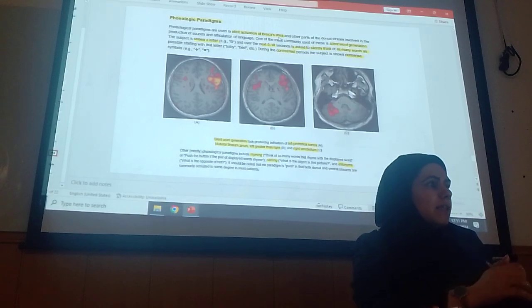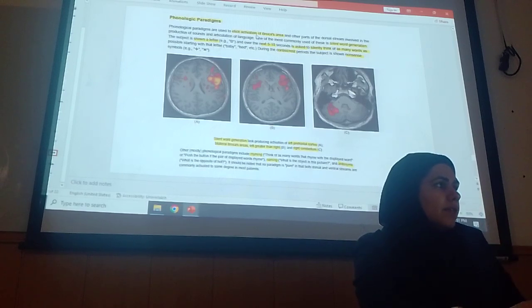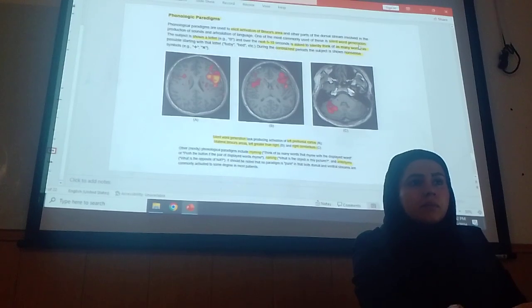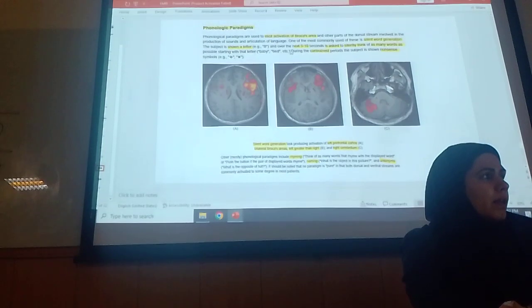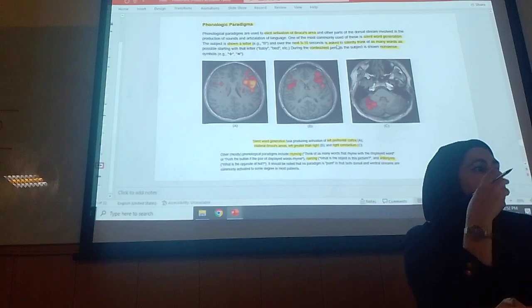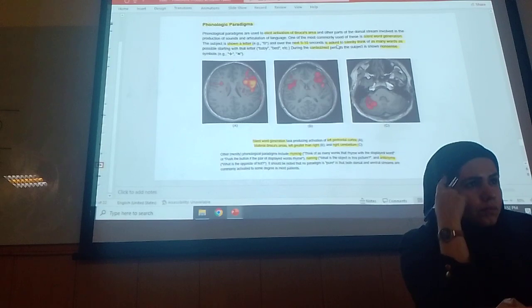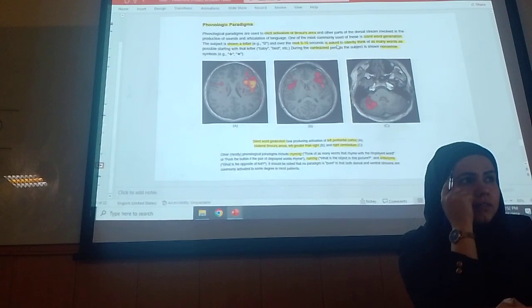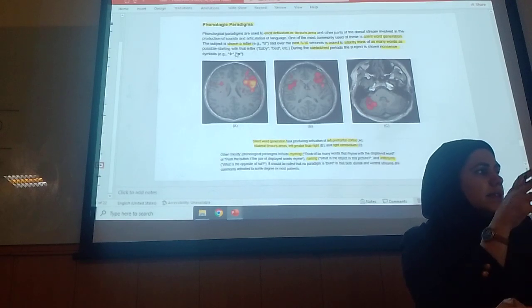With some tasks like silent word generation, the subject is shown a letter, and over the next 5 to 10 seconds is asked to silently think of as many words as possible starting with that letter.